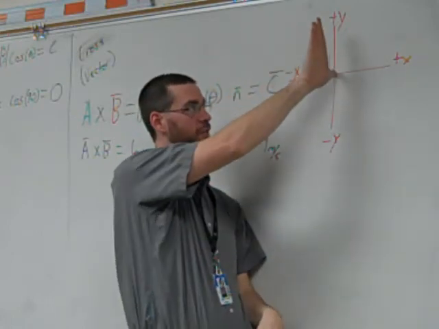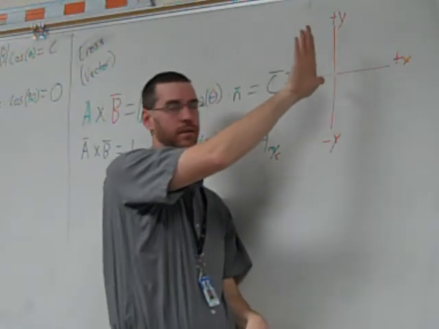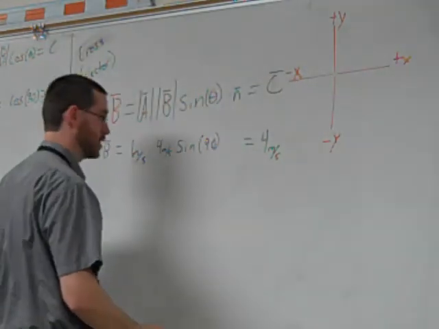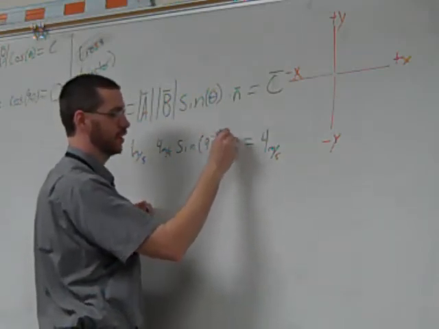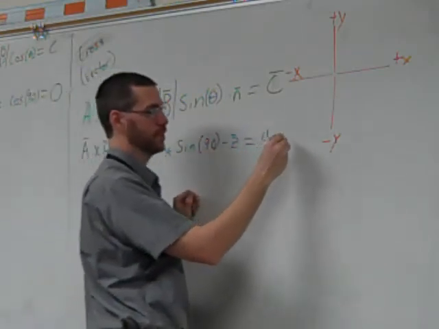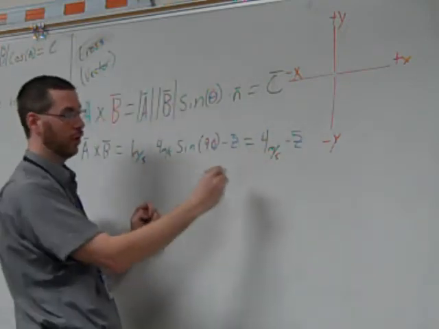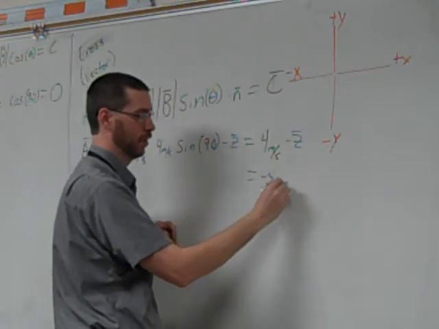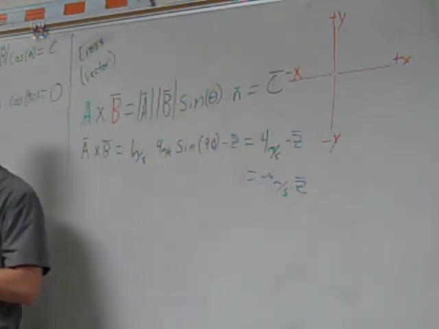And what direction is my thumb going? Into the board. What direction is that? Negative Z. So here my direction is negative Z. So this is 4 meters per second in the negative Z direction. I can write it like that, or I could just write it as negative 4 Z. Does that make sense?